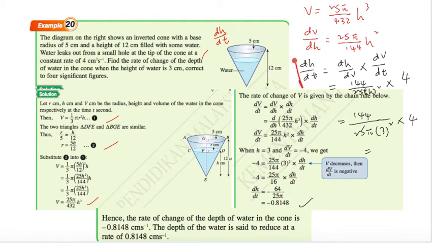I will straight away write dH dt equals dH dt, and here I write dV, here I write dV. This one is not really direct, because the question asks you to find the r yourself.